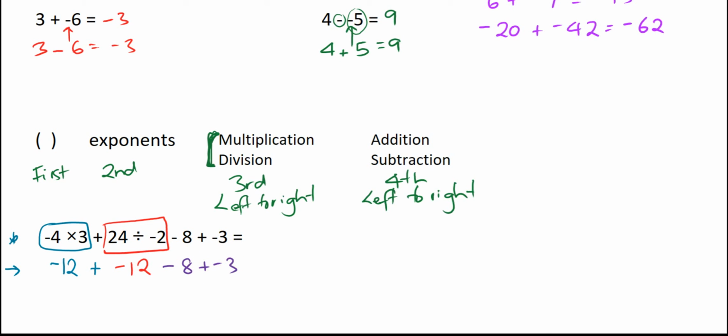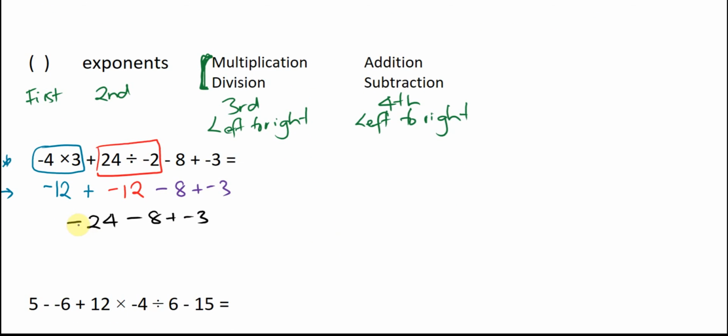So I've dealt with all my multiplication and division. Now I'm just left with subtraction and addition, so we can just proceed through to doing those from left to right. So negative 12 plus negative 12 will give me negative 24. If I just rewrite the rest.